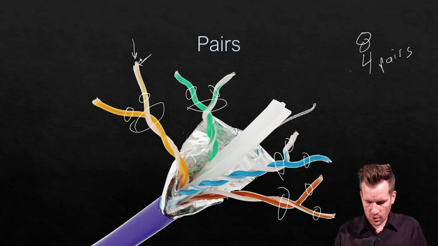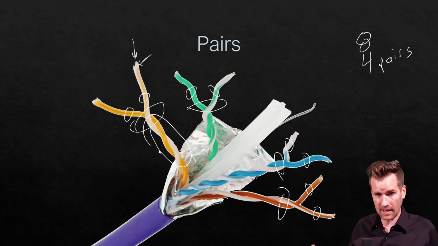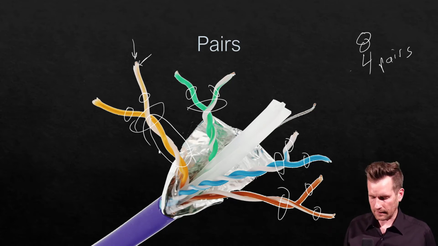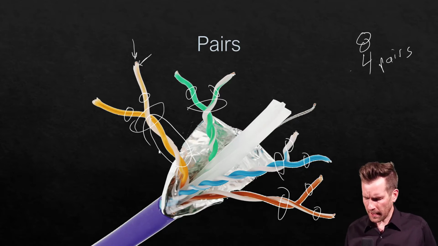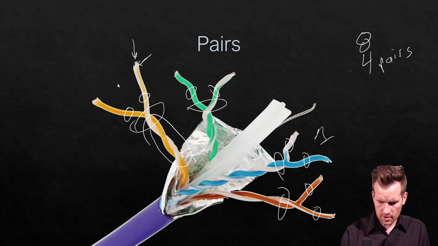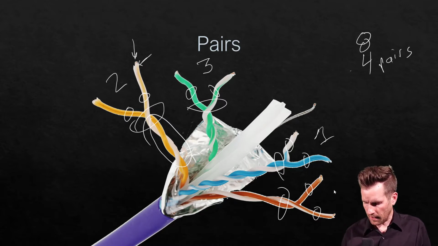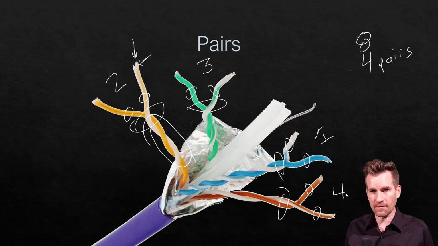The pair is twisted together, and that twist allows us to minimize the crosstalk between these different lines and other cables that are running next to it. So we've got this twist along it. The blue pair is what we consider pair number 1. The orange pair is pair 2, the green pair is 3, and then the brown pair is 4. So these are the different pairs.